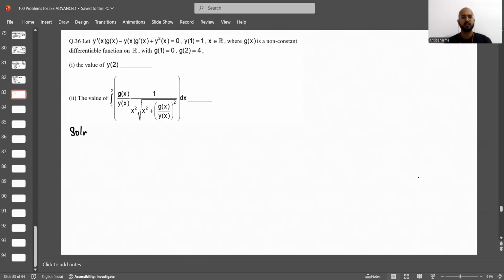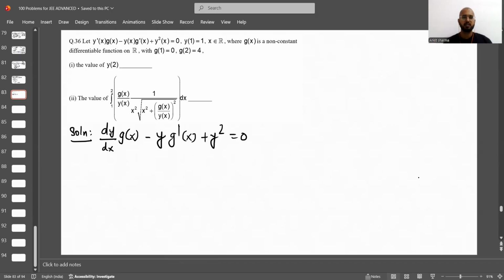So let's go ahead. Here we are given a differential equation with y dash of x. Let me write it down with the standard notation, it will be better. So dy over dx into g of x, minus y will remain as it is, and then we have g dash of x, and then plus y square is equal to 0.